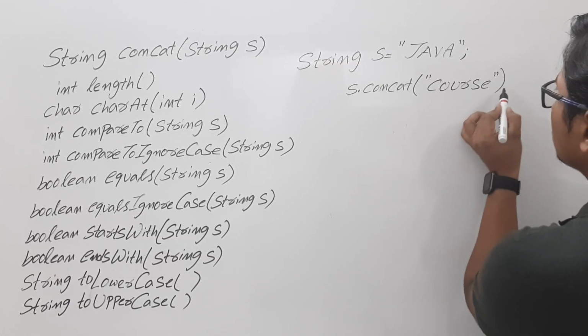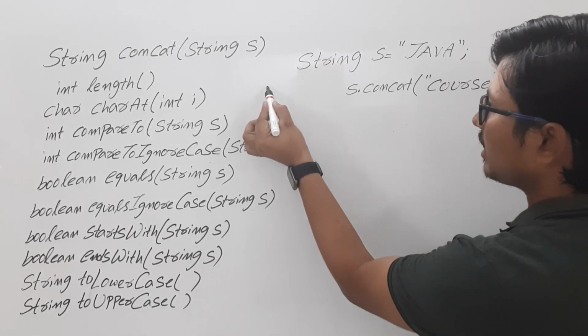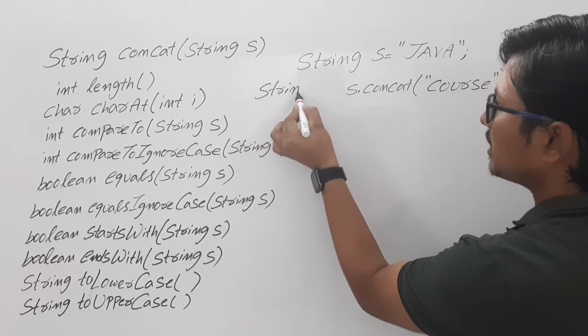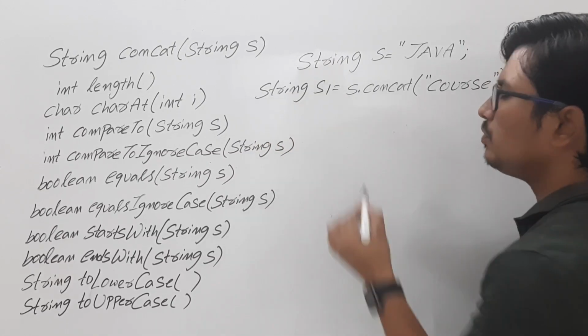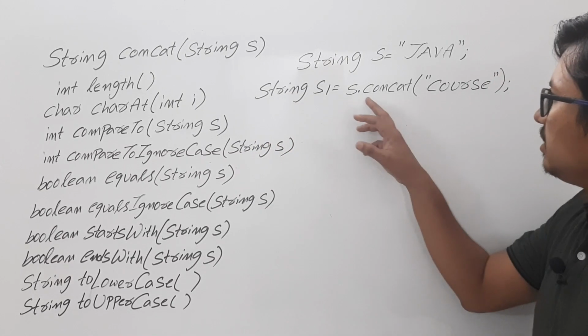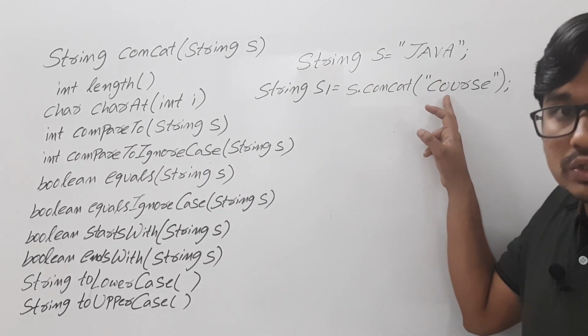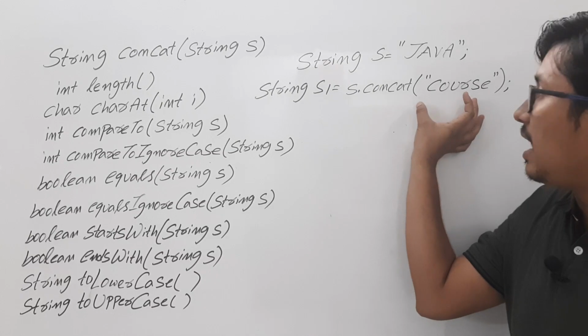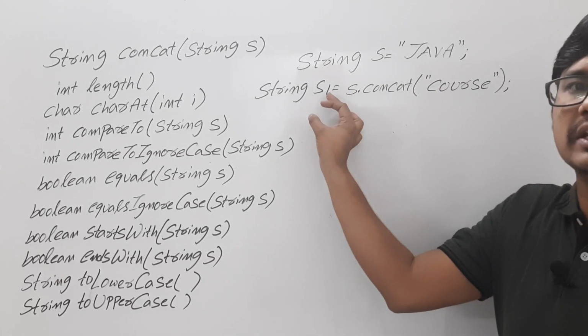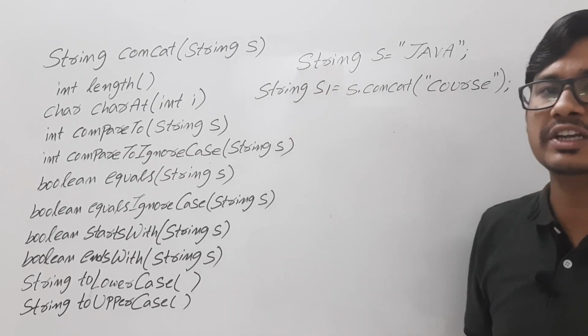If I write course, and here if I write String s1 is equal to, what will happen is that for the string Java, this string course will be concatenated and the result will be stored in a variable called s1 which is of string type.